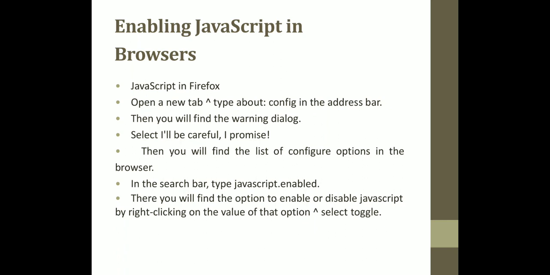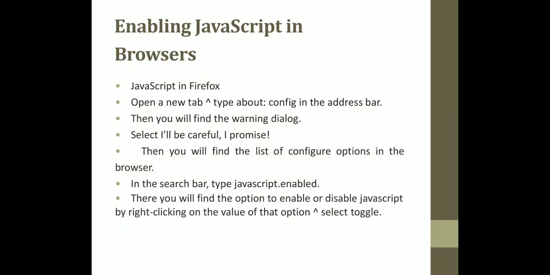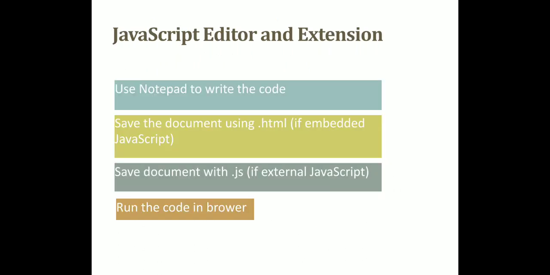Read that note carefully and click on I will be careful, I promise. Then you will find a list of configuration options in the browser, and in the search bar type javascript.enabled. There you will find the option to enable or disable JavaScript by right clicking on the value of that option, then select toggle. So this can enable JavaScript in your browser.